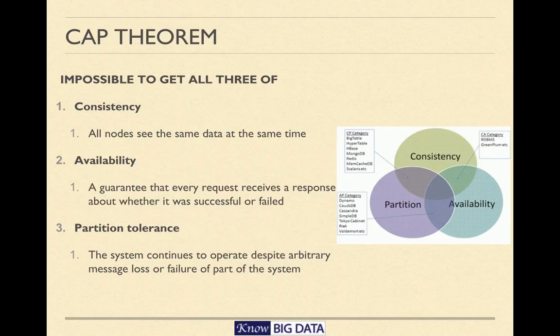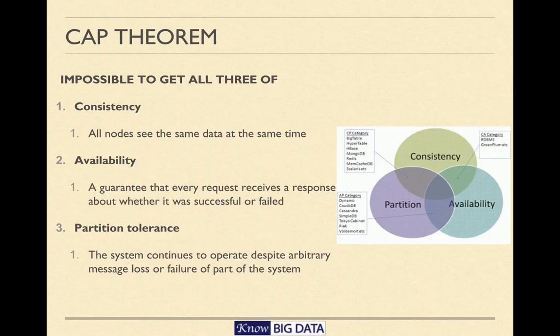All right, now second is availability. Availability means a guarantee that every request receives a response about whether it was successful or failed. The more requests that can be handled by a server, the more availability. So 100% availability, probably no database can provide logically. The third is partition tolerance. What does it mean?